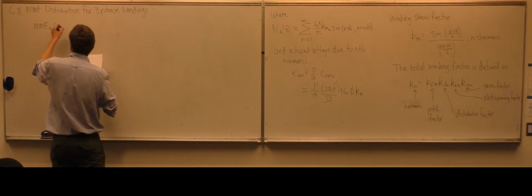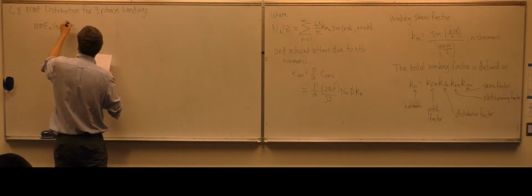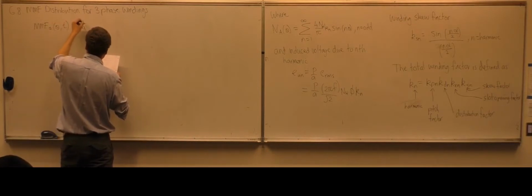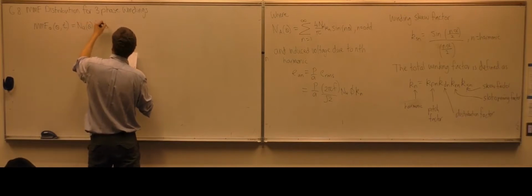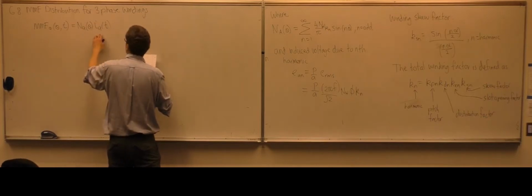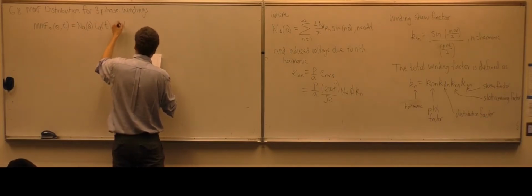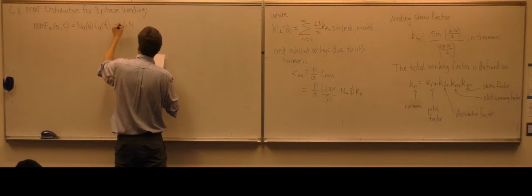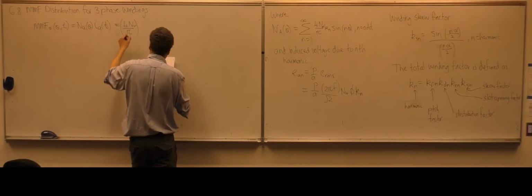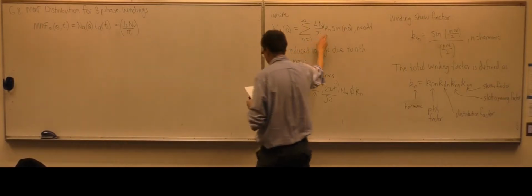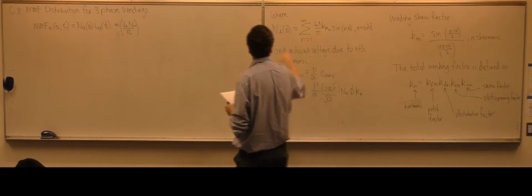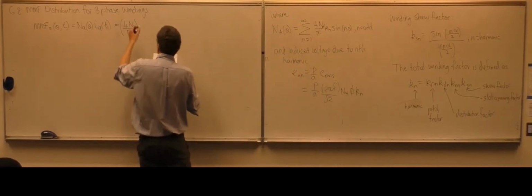So we can see what's going on now, because we have a good picture of the winding. The MMF is the winding function times the current. So we can now write this out in a more general way.